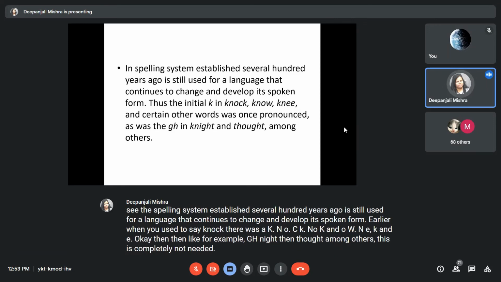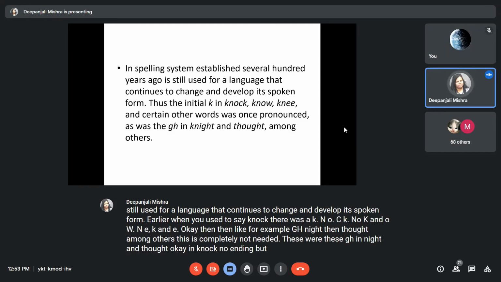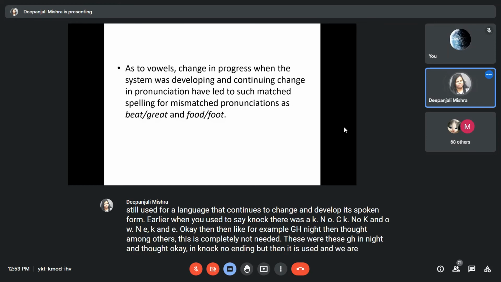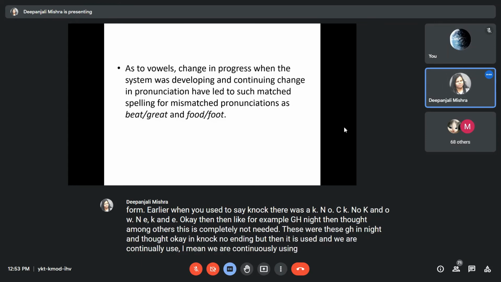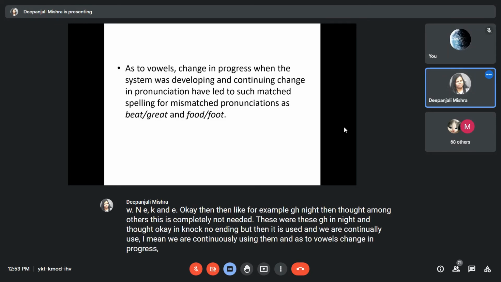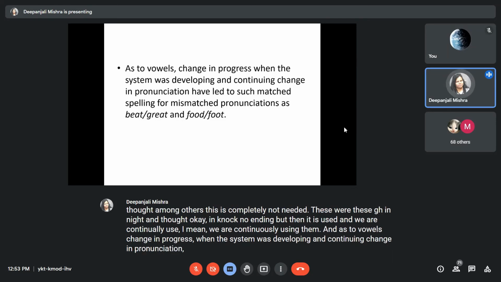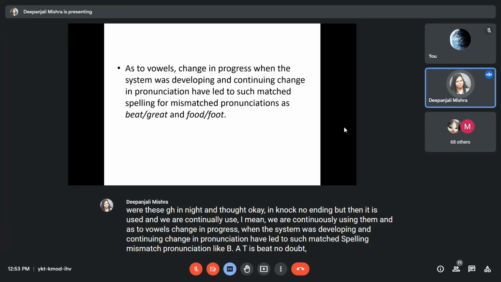These GH in night and thought, K in knock, know and knee are still used, and we are continuously using them. And as to vowels, changes in pronunciation have led to spelling mismatching pronunciation, like BEAT is beat, no doubt, but GREAT is great.